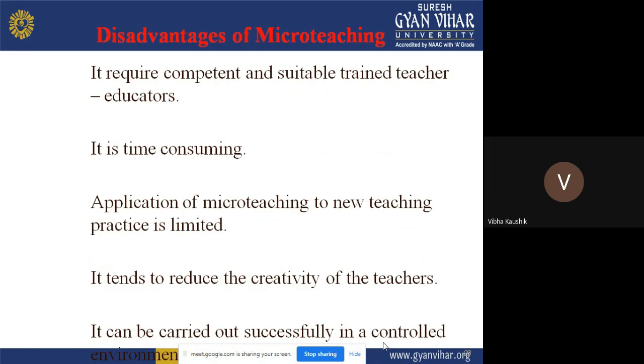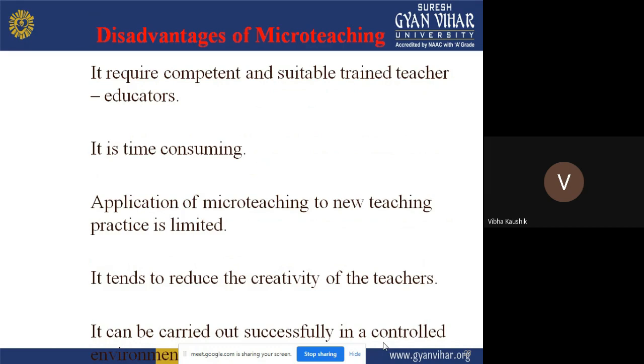Application of micro teaching to new teaching practice is limited. Means application of micro teaching to the new teaching practices is limited. It tends to reduce the creativity of the teacher.